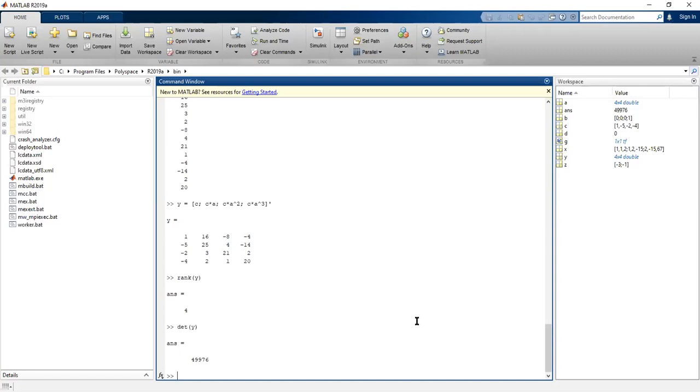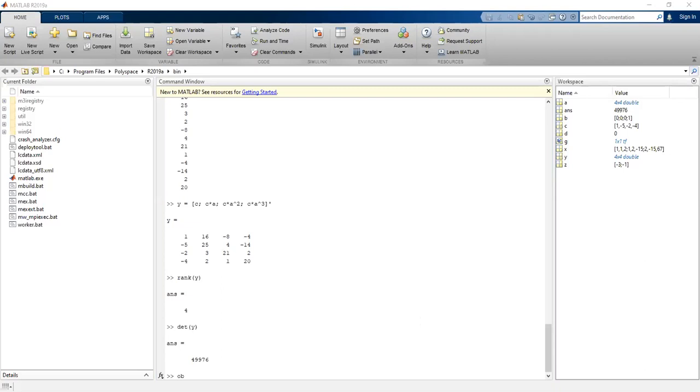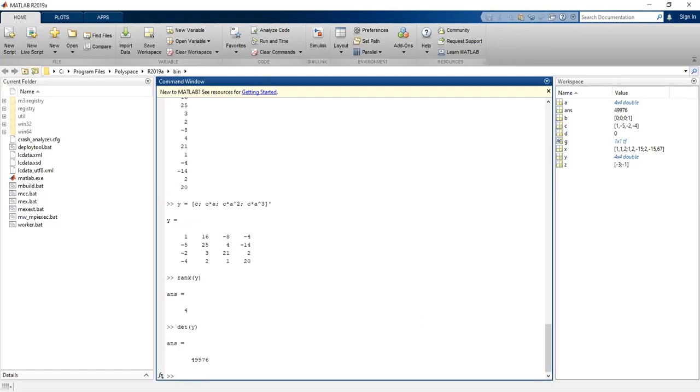All right, now observable. OBSV. Type in OBSV.